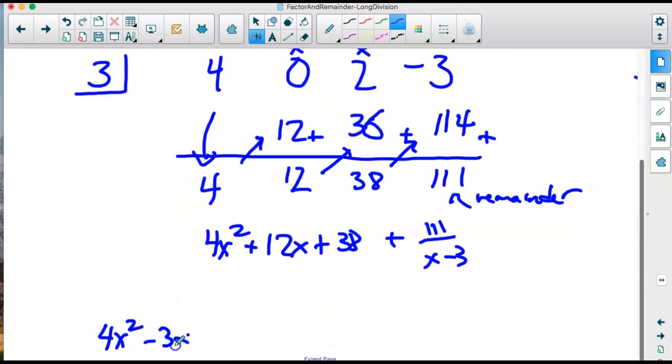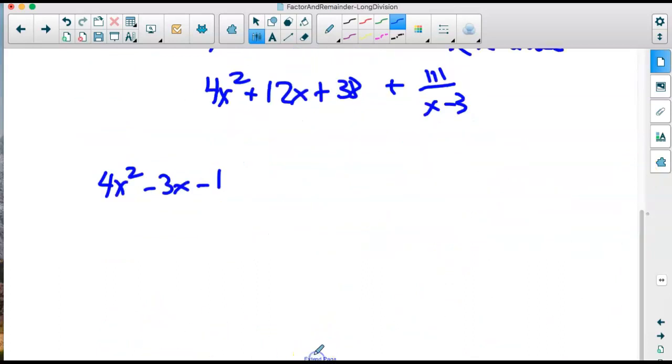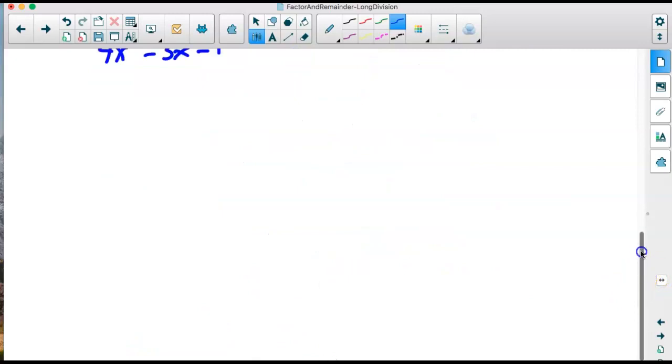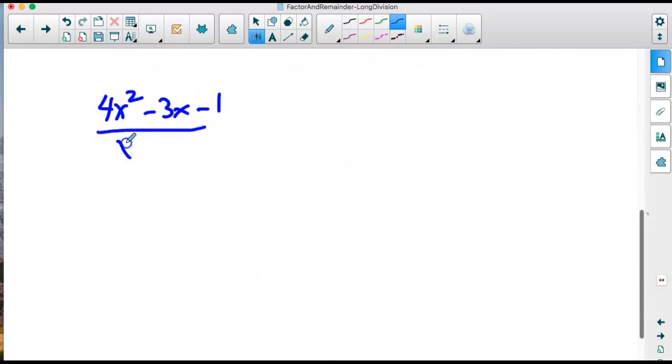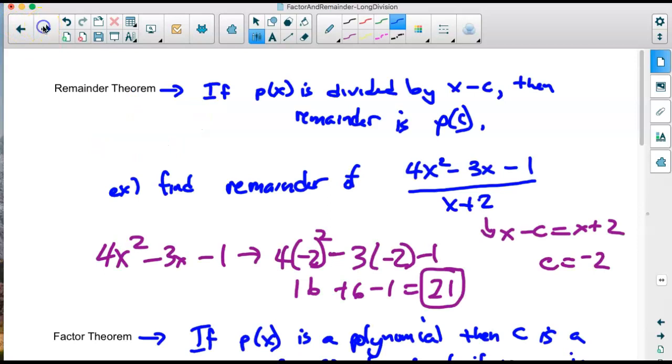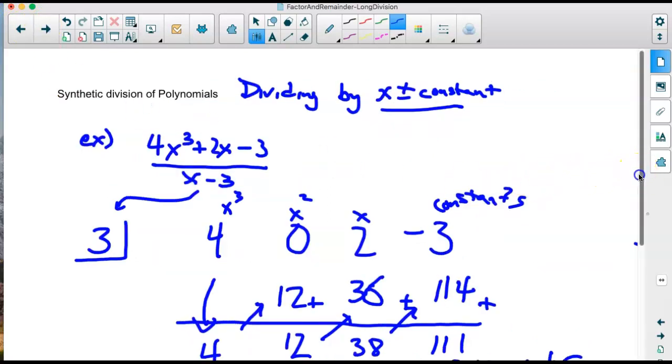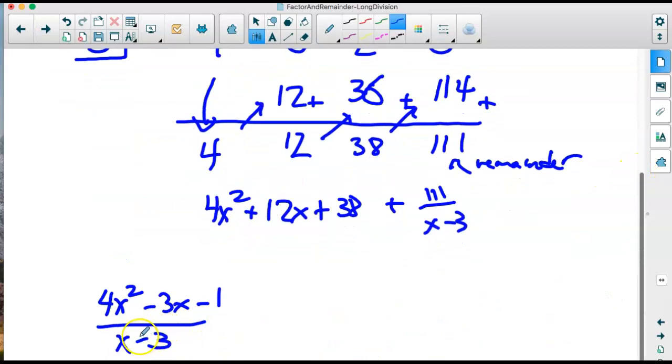Let's just double check again, x plus 2.